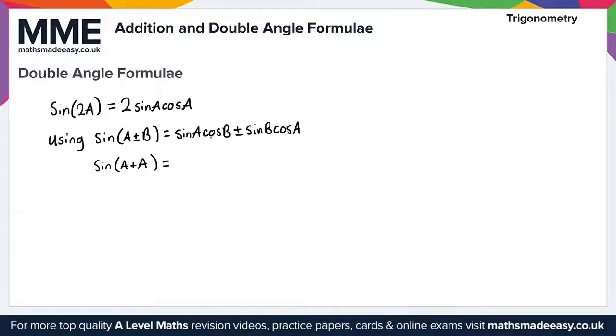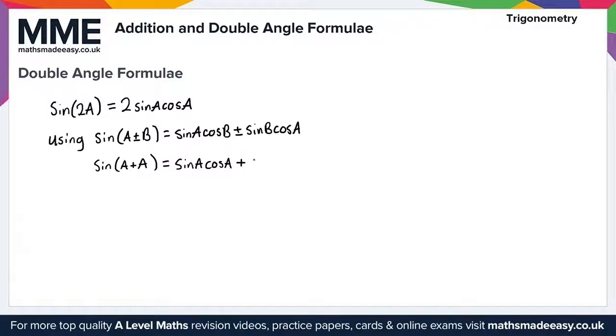And all we need to do now is simply replace here our B's with an A, because that's what we've done here. So it's gone from sine A plus or minus B to sine A plus A. So in that case, we obtain sine A cos A. And again, this is the top symbol here, we're adding, sine A plus A, so we also take the top symbol here of a plus.